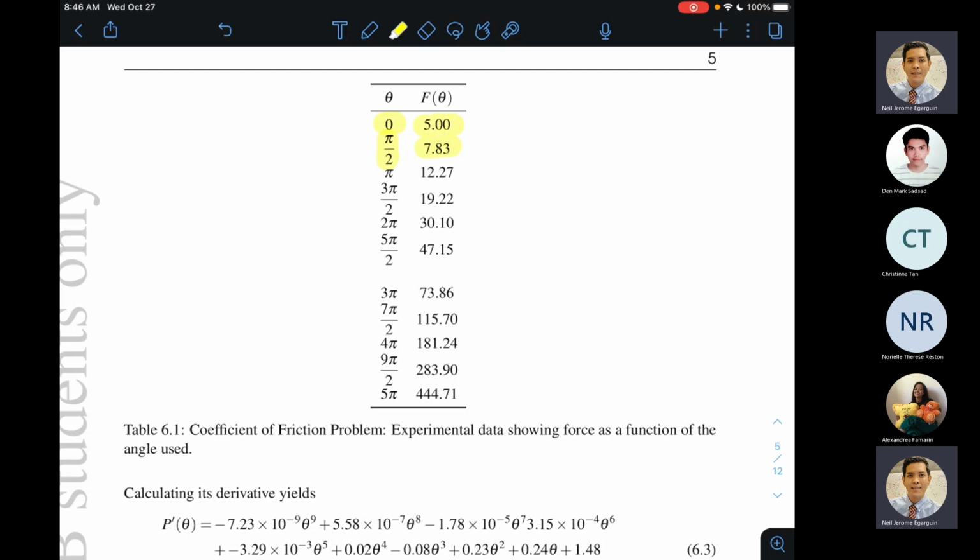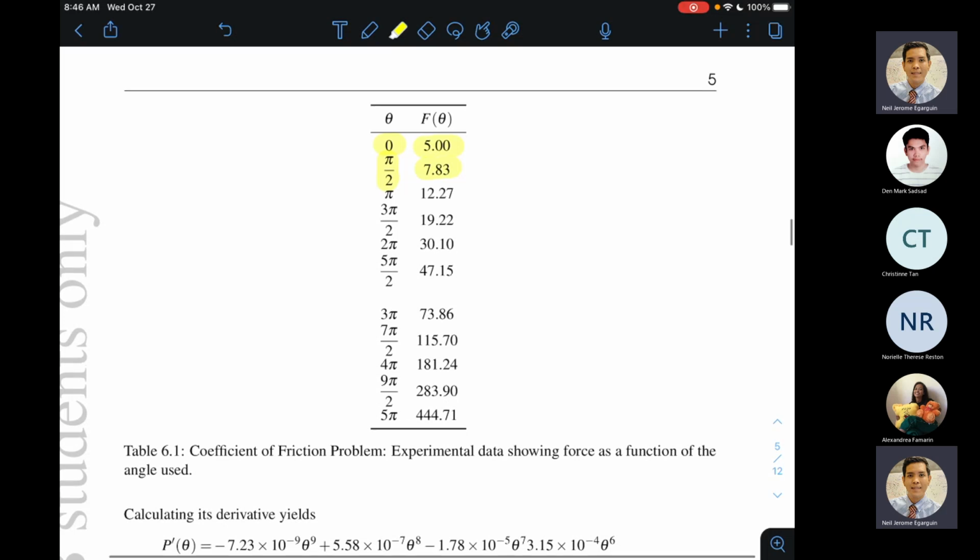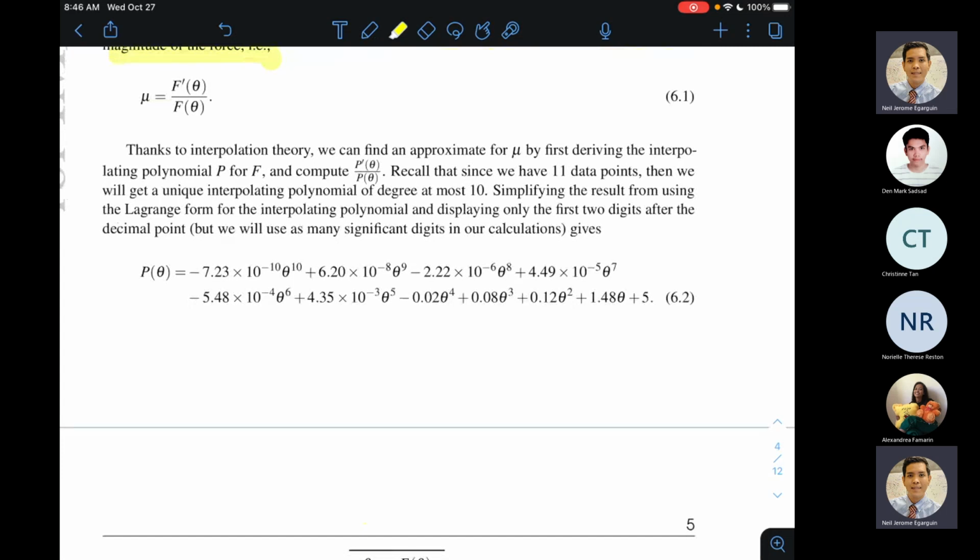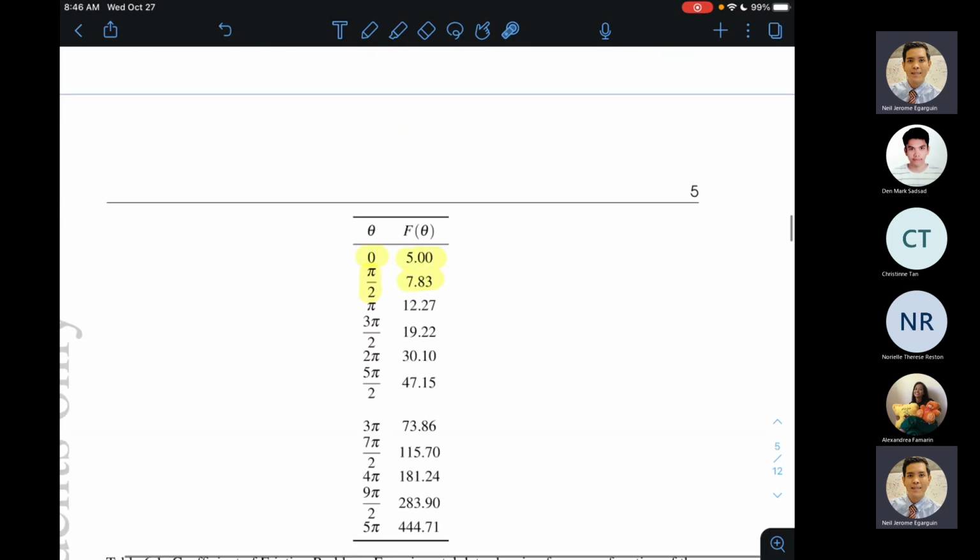So when we use this discrete set of data, we'll get the polynomial interpolant. Using the algebraic interpolating polynomial formula, you can get this equation for P, the one in 6.2. This is the polynomial model for that discrete data, which hopefully will encapsulate enough information for the function F. So now I have a function capital P, which is approximately equal to capital F, of course for angles theta from 0 to, what was the angle here?